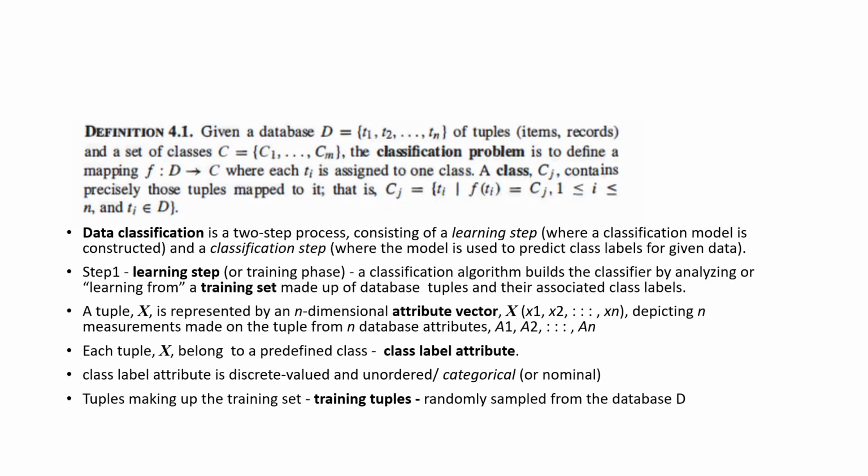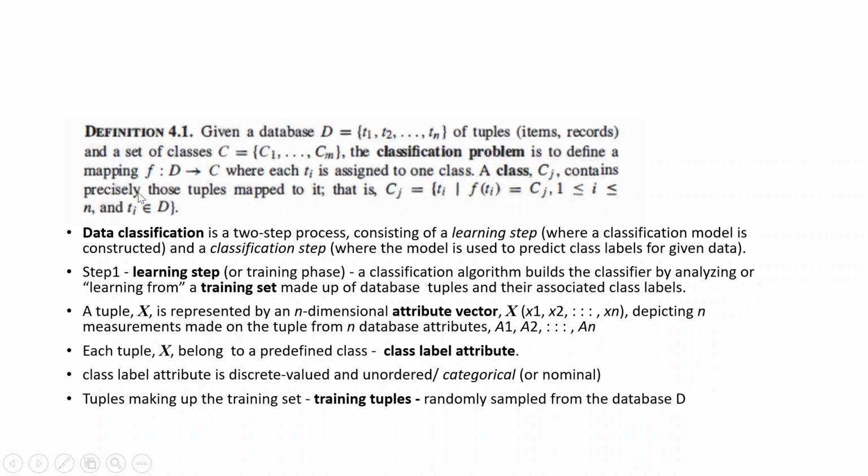Now this is a formal definition. Given a database D = {T1, T2, ..., Tn}, where the Ti are our tuples or data items, and a set of known classes C1, C2, ..., Cm, the classification problem is to define a mapping. This mapping is the most important thing.